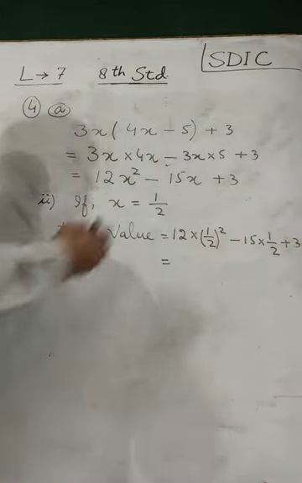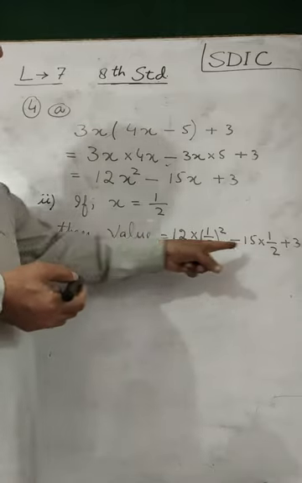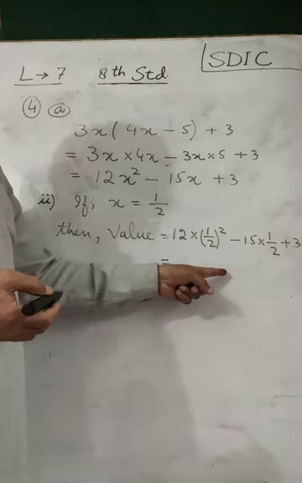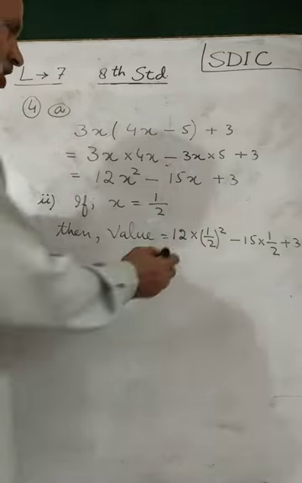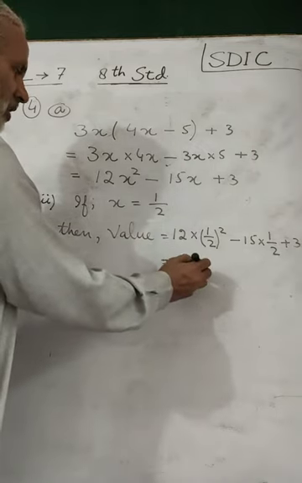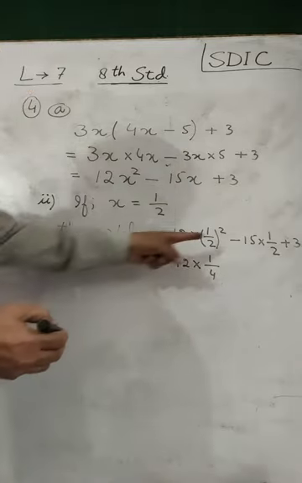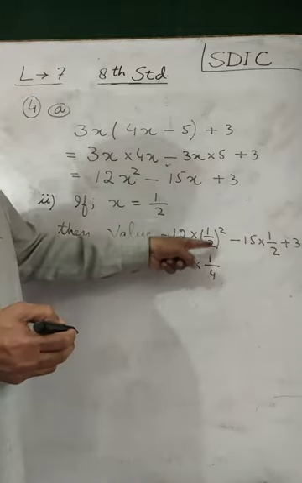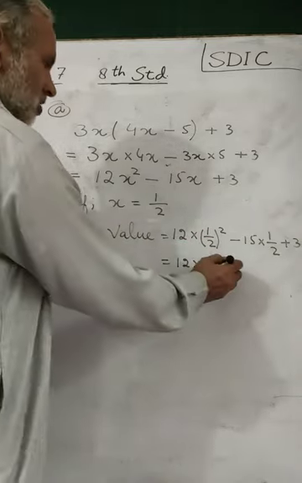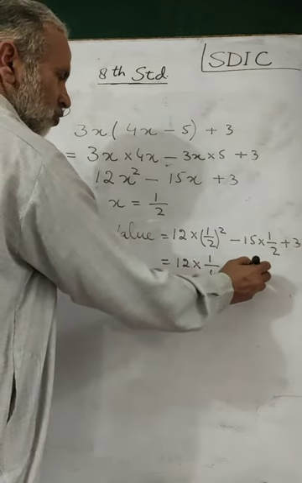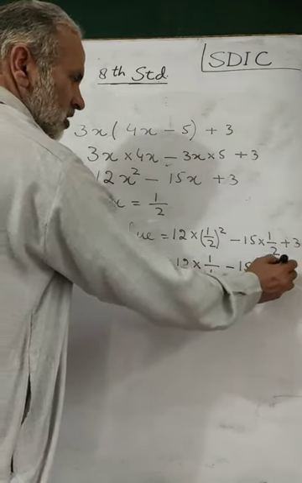Let us simplify. We'll prefer again multiplication over addition and subtraction. We have to multiply first. It will be 12 multiplied by, when you square this, 1 by 4. Square of 1 is 1, square of 2 is 4. Minus 15 into 1 by 2 we shall keep as it is, plus 3.